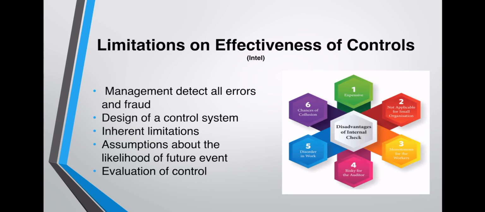And the last one is evaluation of controls. Projection of any evaluation of controls effectiveness to future periods is subject to risk. Over time, controls may become inadequate because of changes in conditions or deterioration in the degree of compliance with policies or procedures. So this is the end of internal controls.